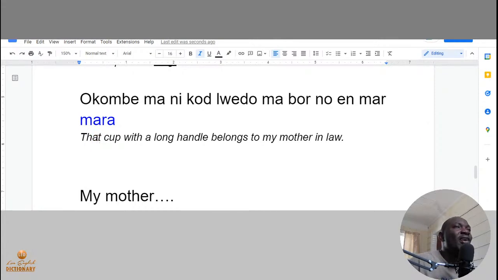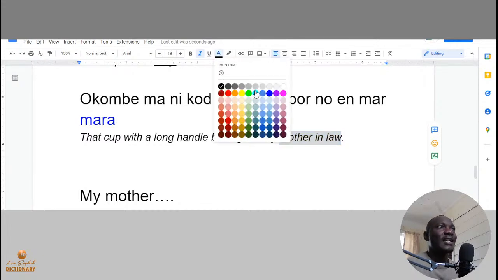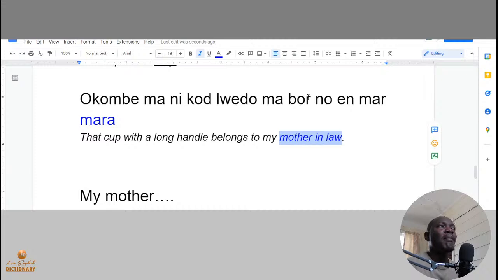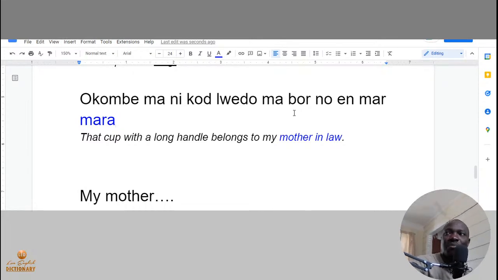So that now changes to, that cup with a long handle belongs to my mother-in-law. So that is why I was saying that the two words are the same thing, pronounced the same way, but it means very different things. So it belongs to me or it belongs to my mother-in-law.